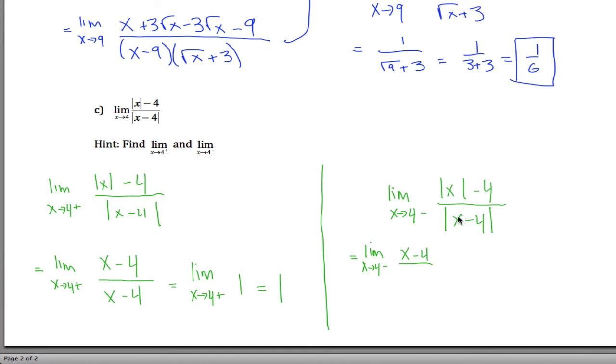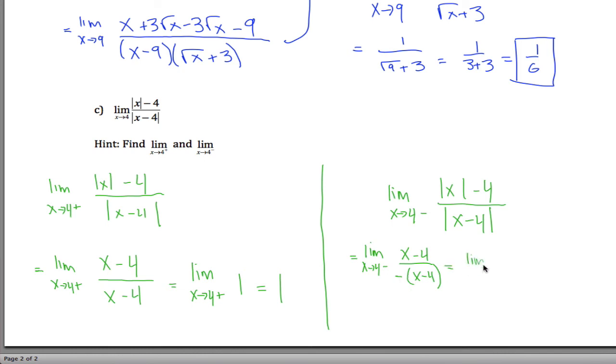If you think about what the absolute value does to a negative number, it changes it and makes it positive. Mathematically, I could say it multiplies it by -1 to change it from a negative to a positive. So if I'm going to drop these absolute value signs, I have to recognize that what's inside them is a negative number, and so what the absolute value signs do is change the sign. I have to put a negative right here. So because x is a little bit less than 4, I need this negative here.